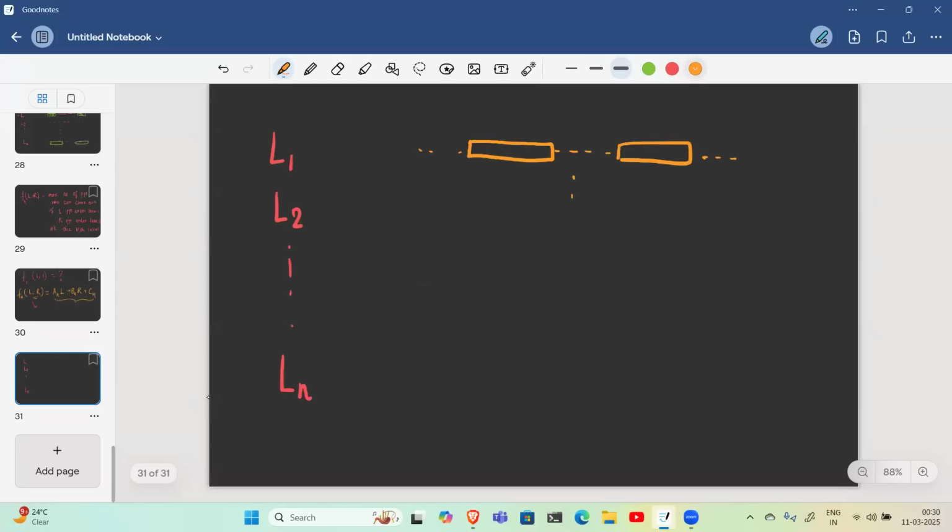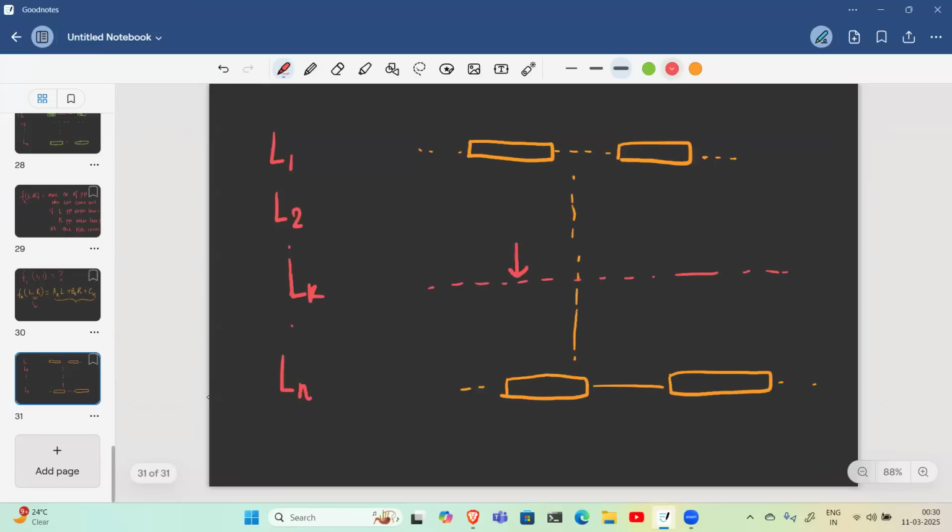Now at the kth level, Lk, if L people enter lane 1 and R people enter lane 2, then the maximum number of people who can come out is given by my function fk(L, R). And my claim is that for any k you pick, from 1 till n, this function will be some linear combination of L and R.